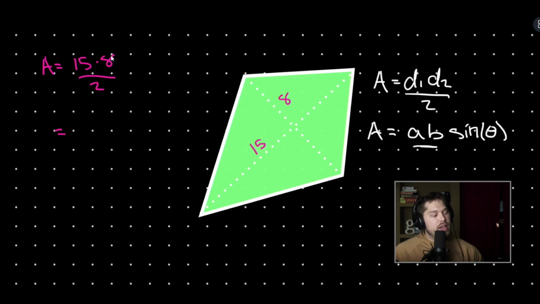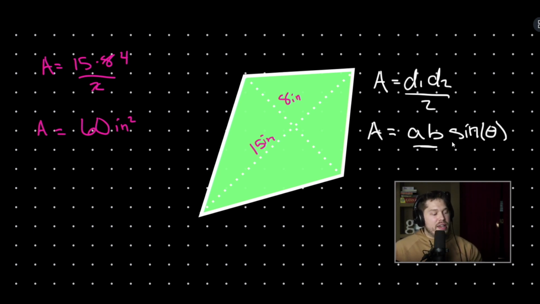We can simplify. 8 cancels with the 2 and we're left with a 4, and 15 times 4 is 60. So our area of this kite is 60. Again, if we had the units, don't forget this, it would be 60 inches squared.